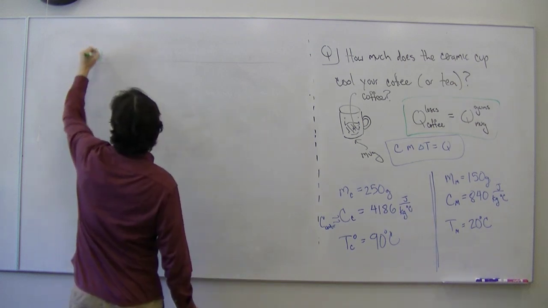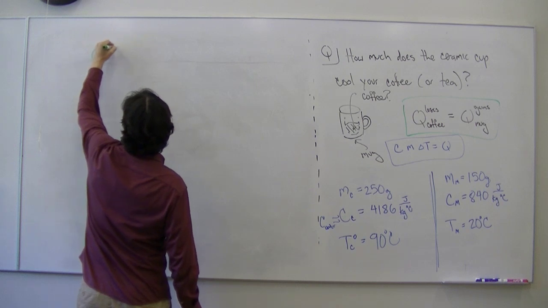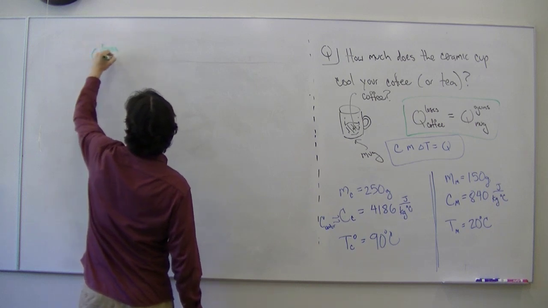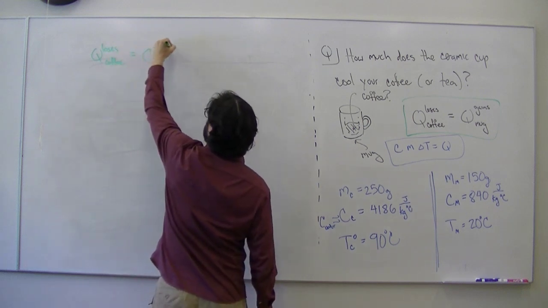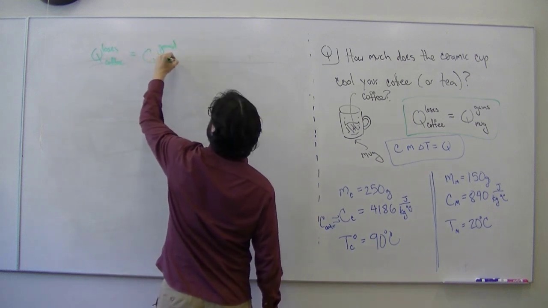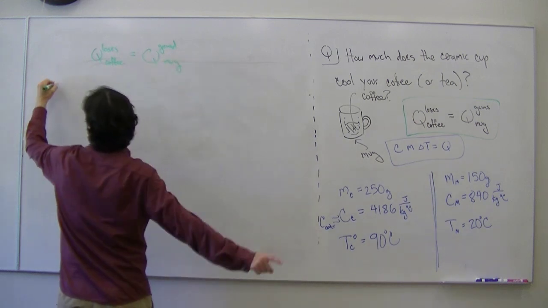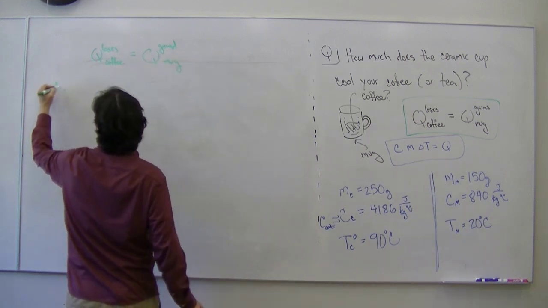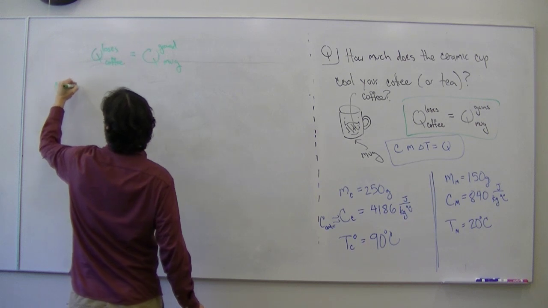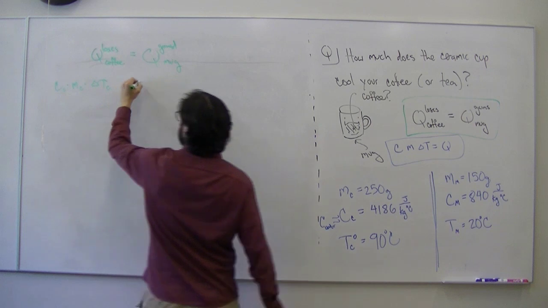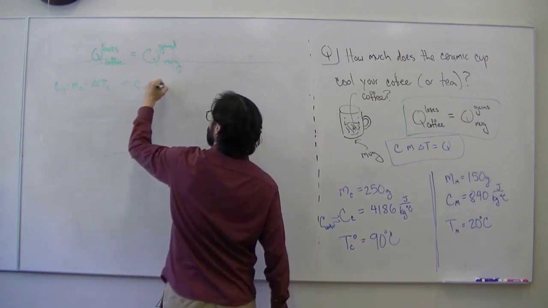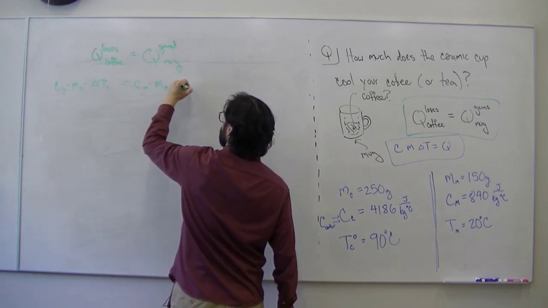So we have this. And now we have C coffee, delta T coffee, C mug, M mug, delta T mug.